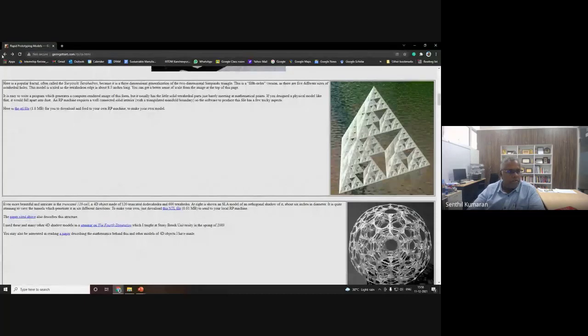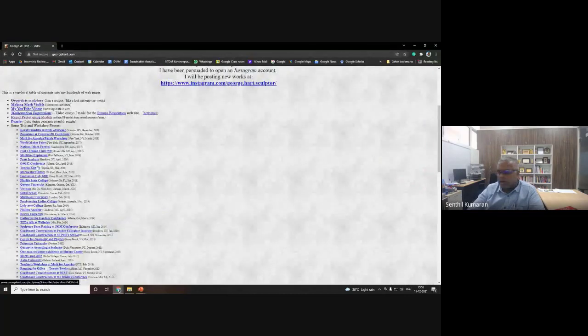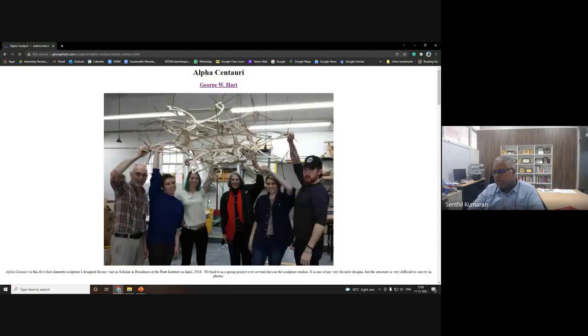You used to appreciate this. He has a lot of sculptures in the US. If you go to US universities, they have a lot of these sculptures. Every university will have one sculpture which George Hart has made. So, students, in your college, maybe in Kamarajar College, you might want to take some of his sculptures and put them everywhere.